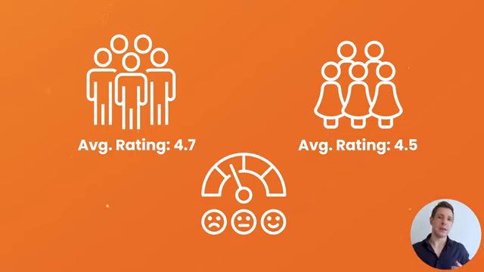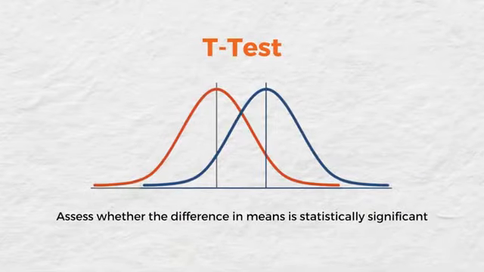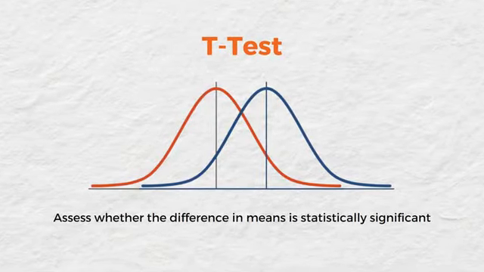Specifically, you would use the mean statistic. However, if you wanted to compare those two means, in other words, average male rating and average female rating, to see whether there's a noteworthy difference in satisfaction levels between men and women in the broader population, you'd need to use inferential statistics. Specifically, you'd use a t-test, which we'll look at in a moment.